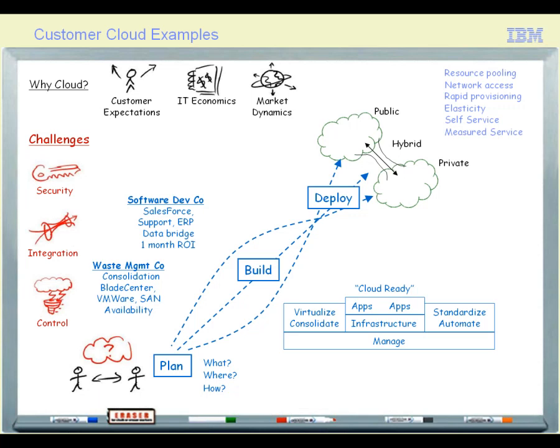So given that, we're looking at the next company in this case. This was a software development firm, and they sold services to build software applications for various companies. They had switched over to Salesforce as their customer relationship management tracking tool. But when they went from an internal system over to Salesforce, all of a sudden the data that they used to share between their support system and ERP system, which were both internal, and their CRM was no longer there.